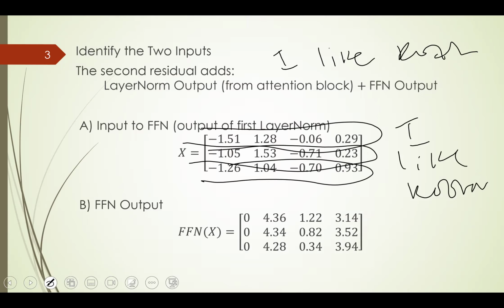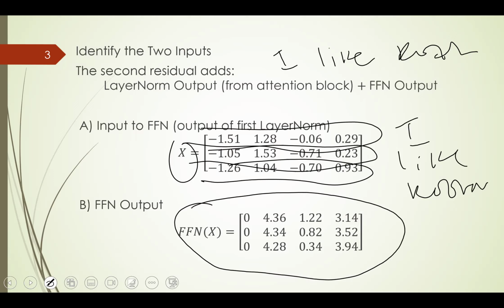This is the input that we have, and that is the output of the feed forward network from part five.